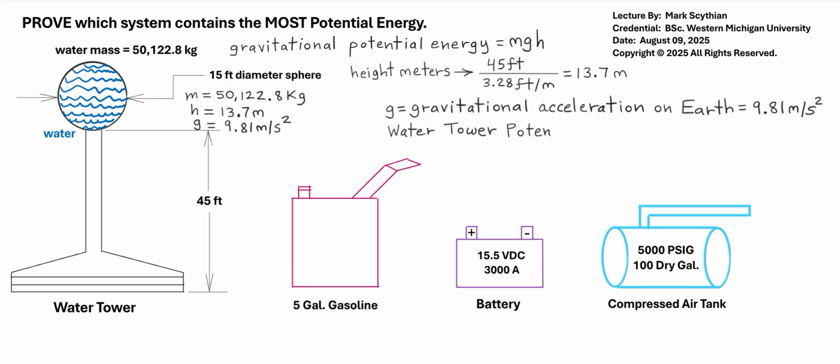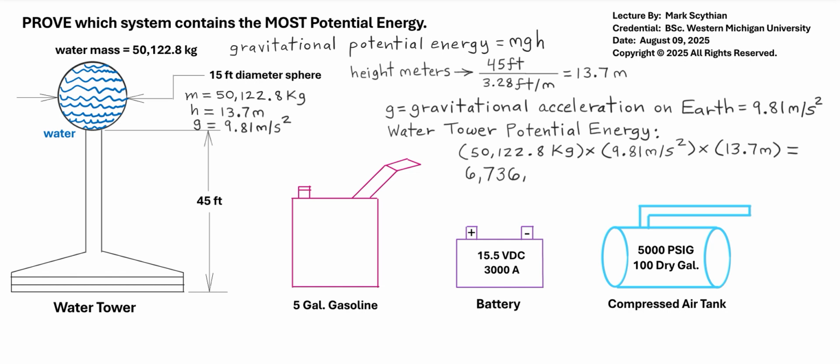So the water tower potential energy, measured in joules, is m times g times h. So we calculate 6,736,353.952 joules, approximated to 6,736,354 joules.